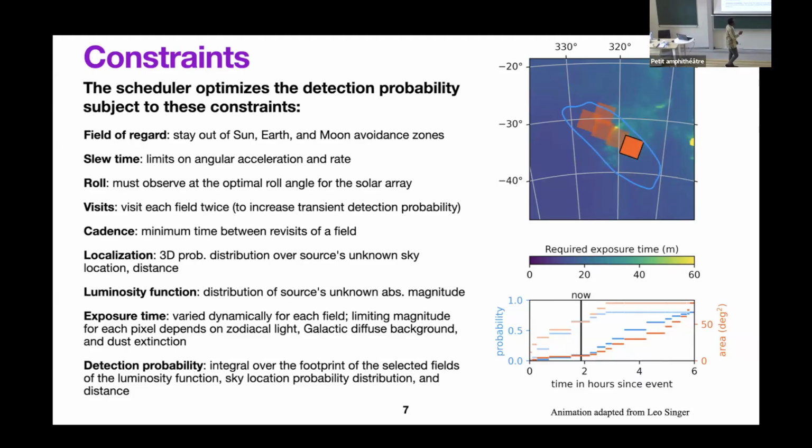When we look at the figure on the left, we can summarize it in two points that show us how the exposure time changes across the sky, and also how the detection probability increases as we observe over time. And we have the probability here in the blue.